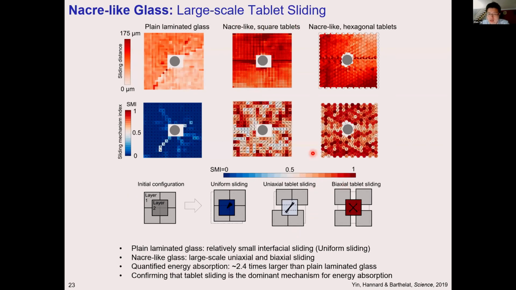We can quantify the energy absorption from tablet sliding based on the sliding distance we computed, and we found that the energy absorption from tablet sliding is 2.4 times higher than plain laminate glass. This agrees with our puncture test results and confirms that large scale tablet sliding is the most dominant toughening mechanism in such Nacre-like glass panels.